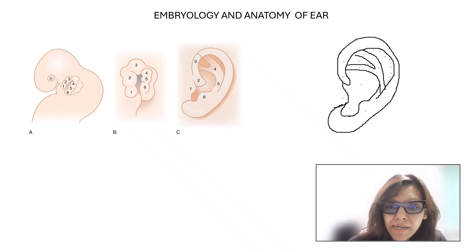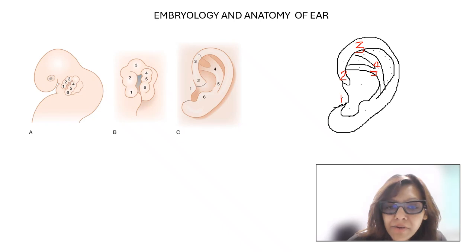If you mark it in order, starting from the tragus, it comes to 1. Then the root of the helix will be 2. The helical rim will be 3. Then the superior crus will be 4. Inferior crus will be 5.